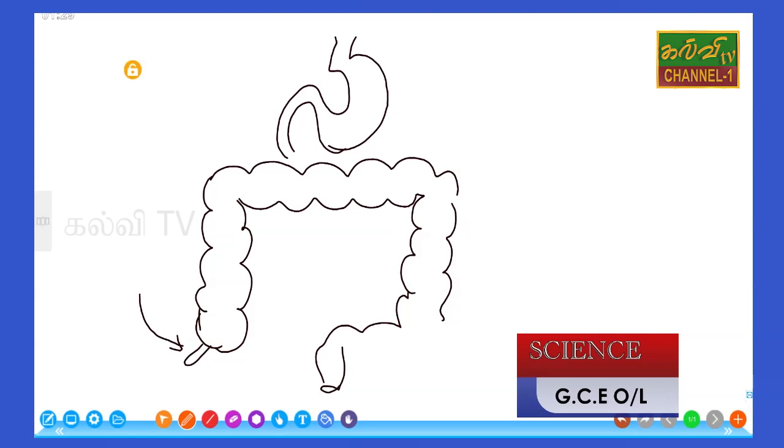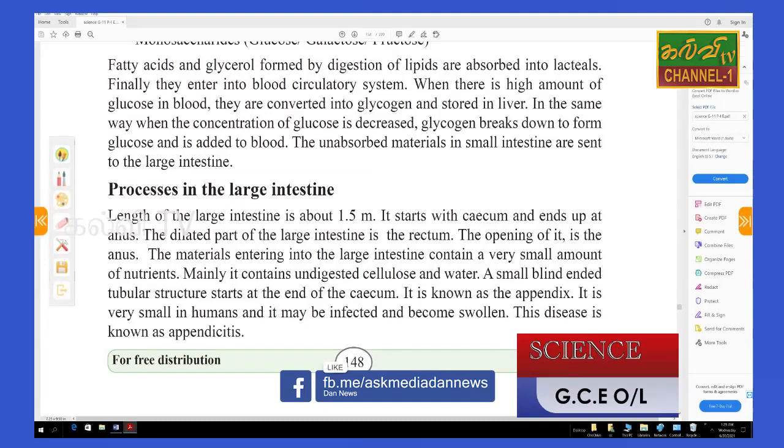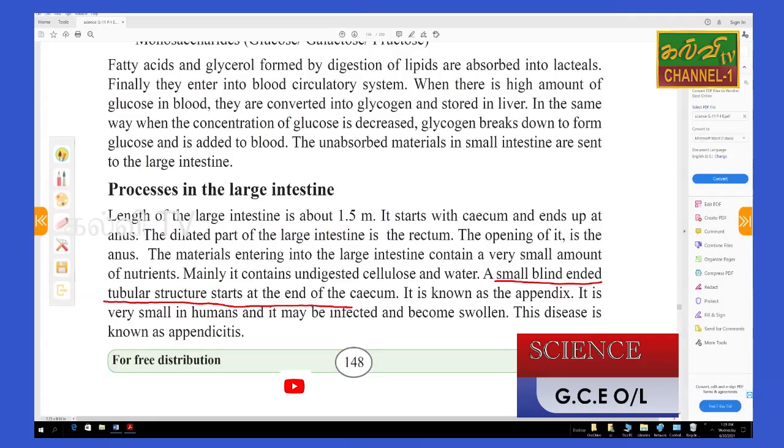Our target is the large intestine. We are going to study about the large intestine. So they said this is the appendix, the small blind-ended tubular structure that starts at the end of the caecum. It is known as the appendix.